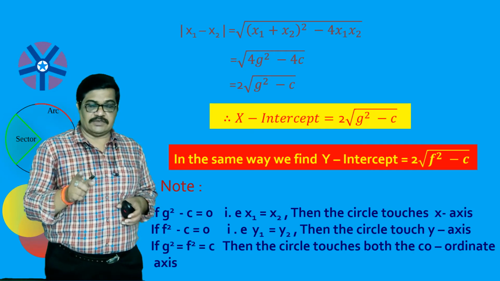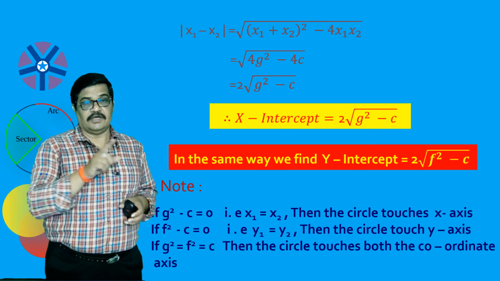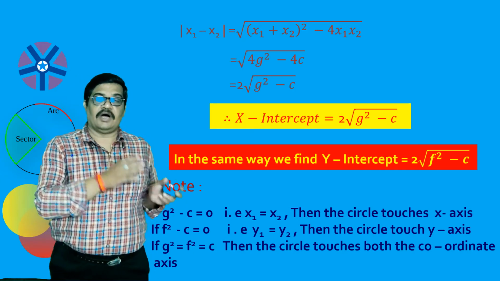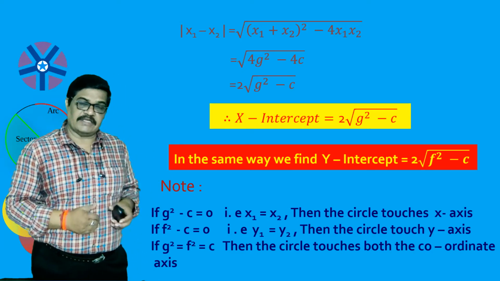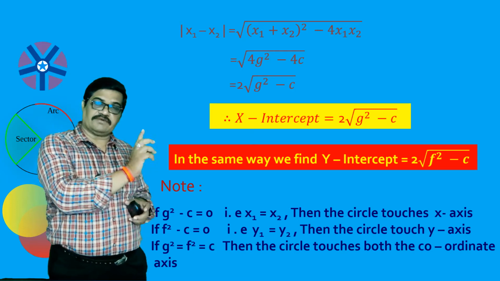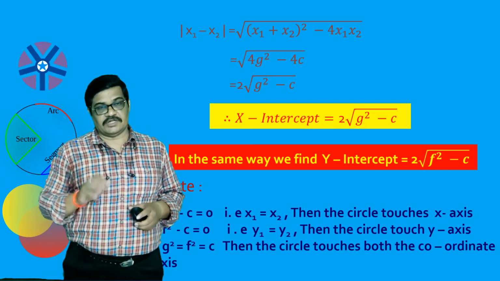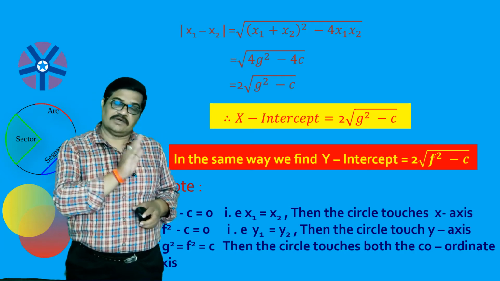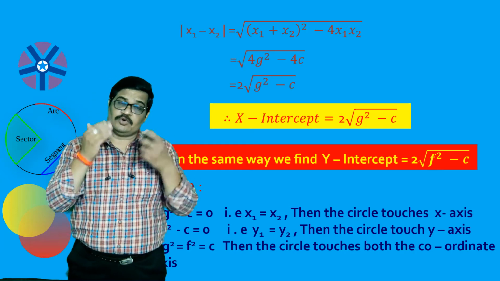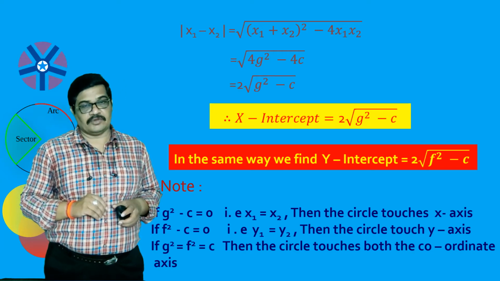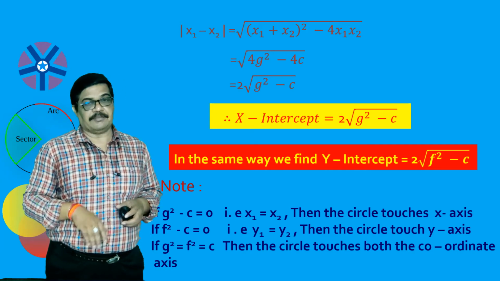If g square is equal to c, it touches the x-axis. If f square is equal to c, the circle touches the y-axis. And if the circle touches both axes, then the condition is g square is equal to f square is equal to c. These are the conditions when the circle touches the x-axis, the y-axis, or both the coordinate axes. Okay, see the observations. These are very important.